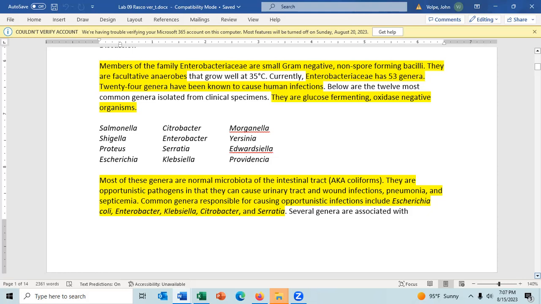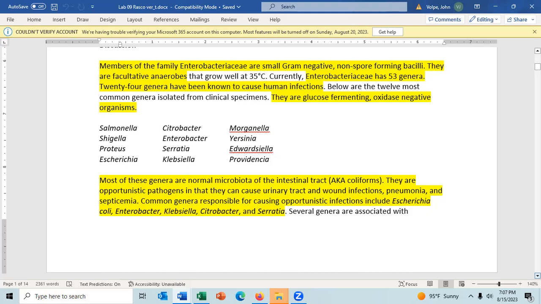They can perform another form, either fermentation or anaerobic respiration. The Enterobacteriaceae is a large family. It has 53 genera in it. 24 of them are known to cause human infections. They are all glucose fermenting, oxidase negative organisms.